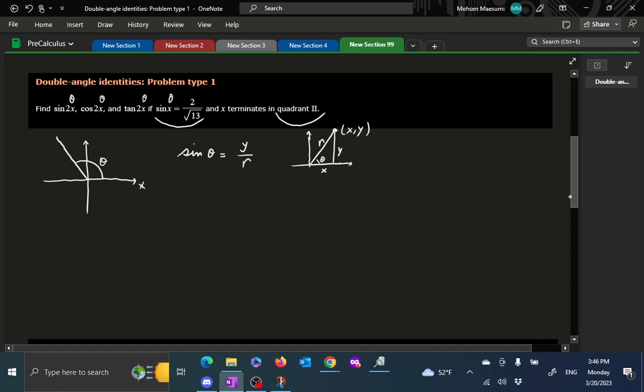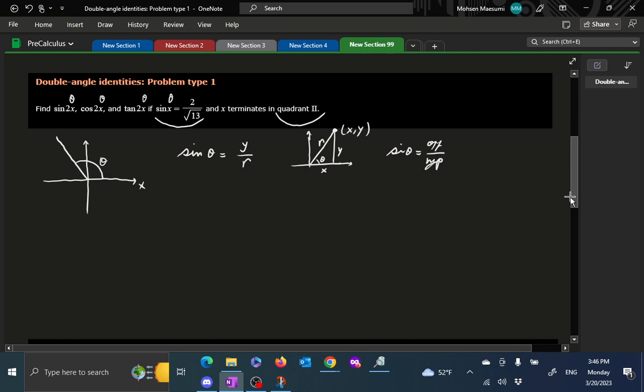If you have angle theta, sine of theta is the ratio of the opposite over hypotenuse, which becomes y over r. Then we said regardless of which quadrant you're in, you still use the same formula, except that now you notice that y could be positive, could be negative.